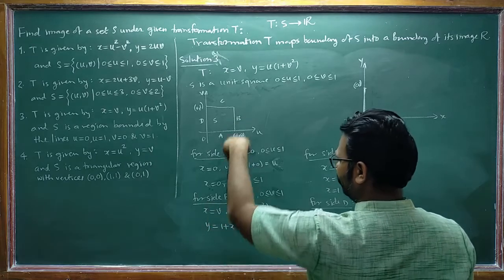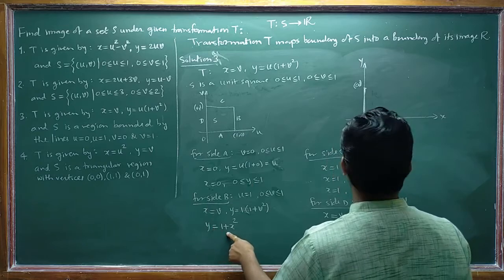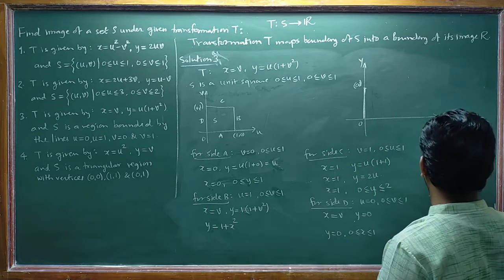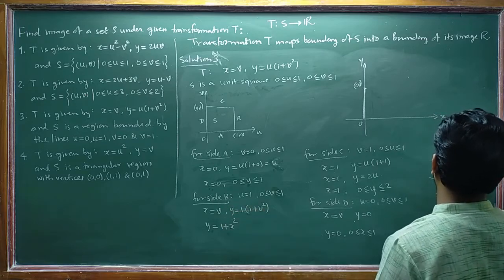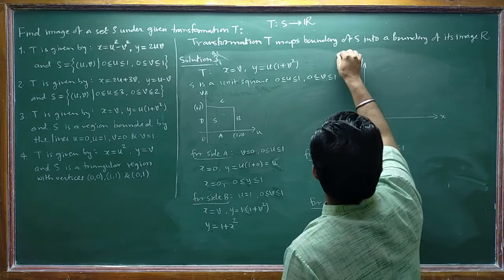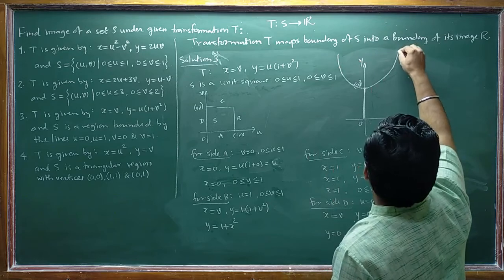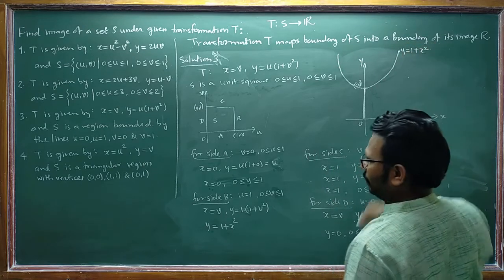Next, side B is getting converted to y equal to 1 plus x square. So generally the graph of y equal to x square is this. y equal to 1 plus x square, so the graph is shifted by 1 unit. So y equal to 1 plus x square is this graph.